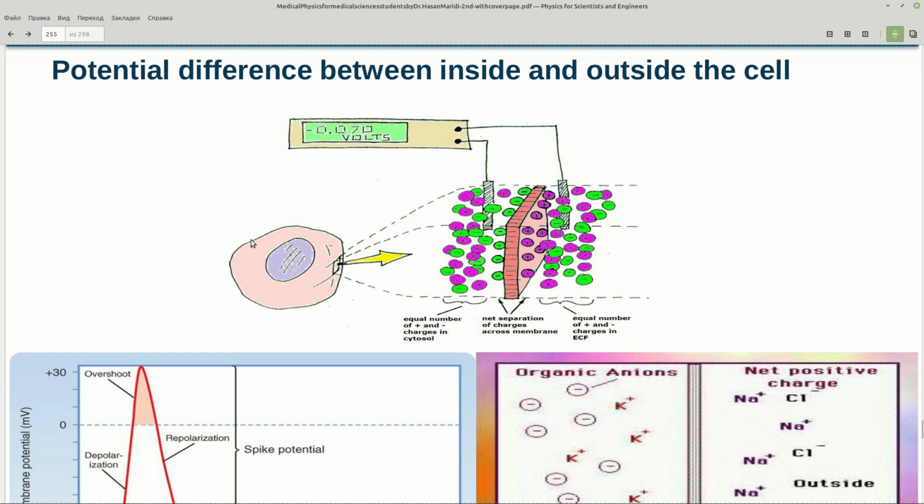We have a transformation of the signal which goes up from the electrode, and after the transformation we receive the signal on a CRT system, of nearly 1 millivolt, 10 to the power of -3 volts.